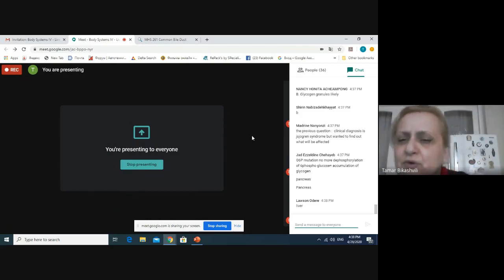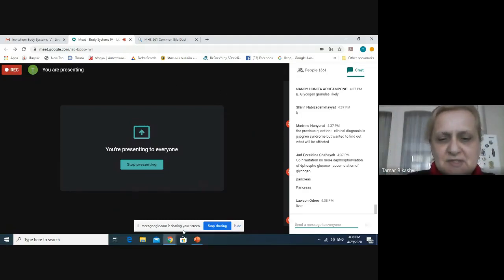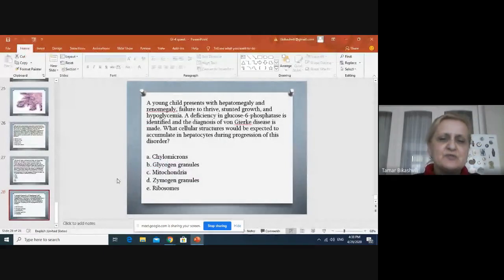The correct answer is the pancreas. Yes, the zymogen granules are in the pancreas.